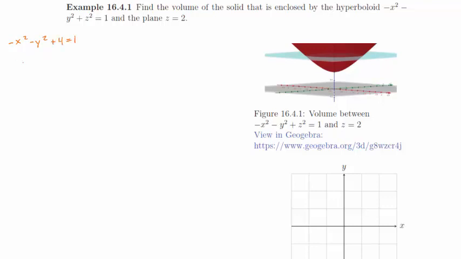So this gives us negative x squared minus y squared equals negative 3. Get rid of the negatives, x squared plus y squared equals 3. So this tells us that r equals the square root of 3. So that radius that we ran into is the square root of 3, which is indeed 1.73.